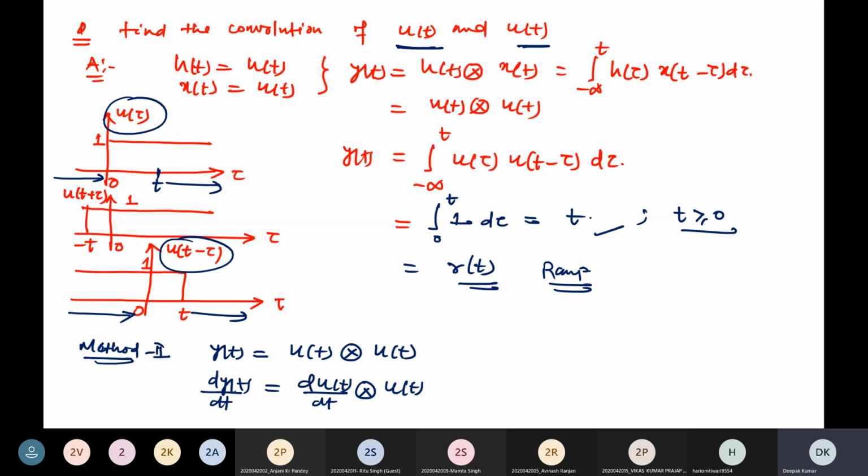Keep the other u of t as it is. Derivative of u of t will be delta t, so delta t convolution with u of t. One property that I have described is that convolution of any function with delta t, the result will be that function only.